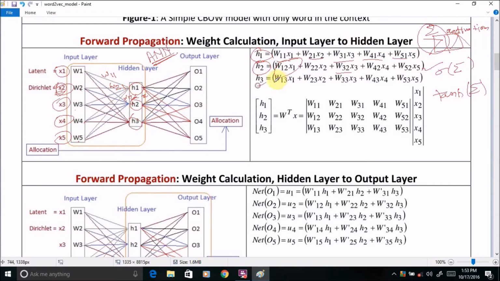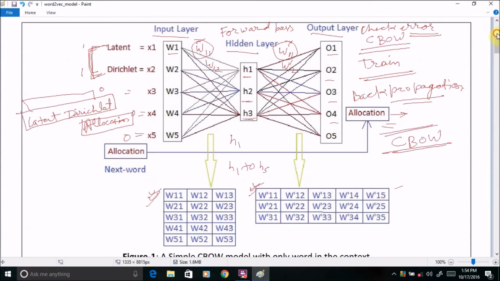Similarly we can calculate the weight of node h3. Here we can represent it in a more generalized fashion like this. Here Wt is the transpose of matrix that we used here.